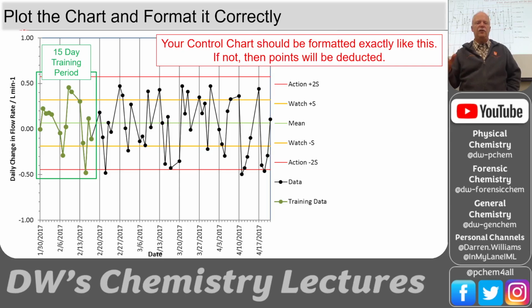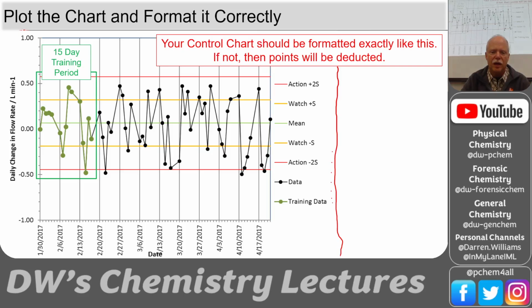Okay, so this is the format of your control chart. It should look just like this, without this green box. You don't have to draw that green box on there. There is one thing that journals discourage, and therefore I don't like, and it's this. It's in the checklist. Excel by default puts this outside bounding box on it, okay?